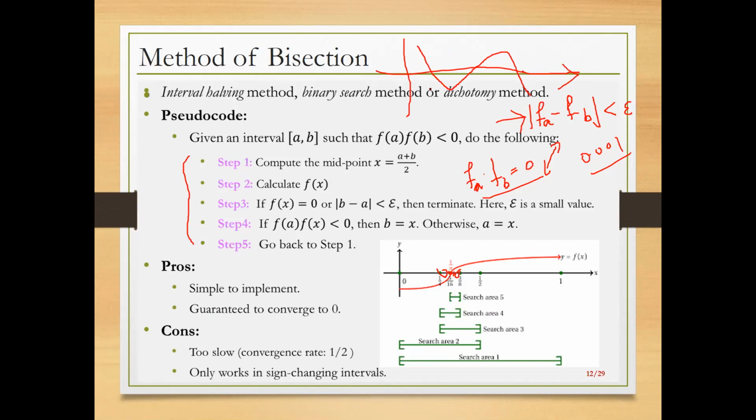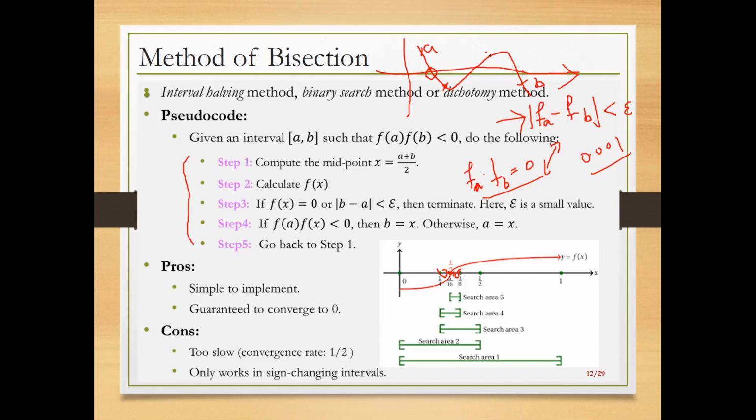If I choose a and b to be here, then obviously it will give me this point. If I choose a to be here and b over here, it will converge to either one of these points, depending on how you choose the initial values.